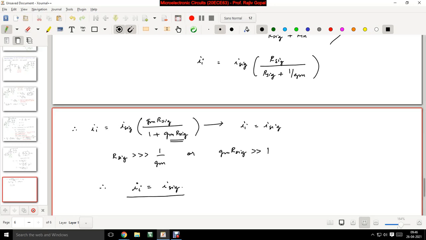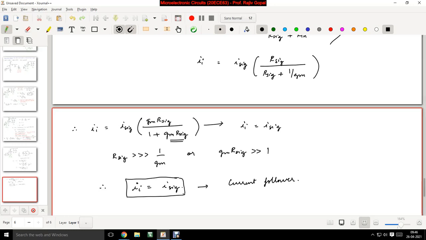Okay, so this means whatever input signal, current source you have given, the same current will be there at Ii also. So that is why you call this a current follower, not source, current follower, right? Because it follows whatever the current is coming from the input signal.